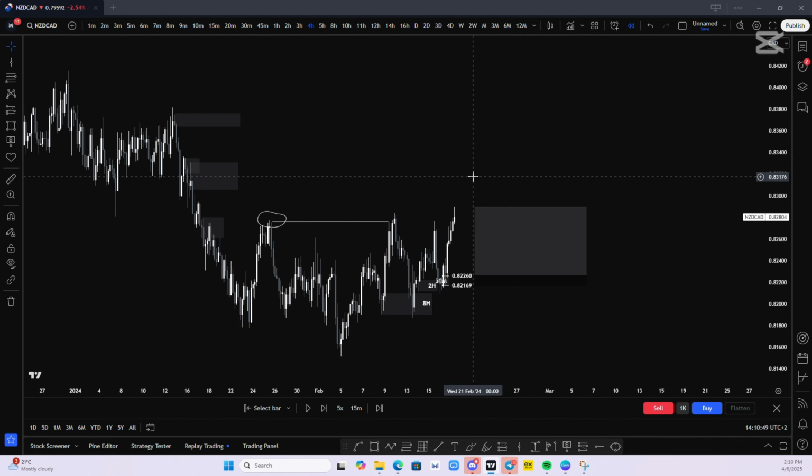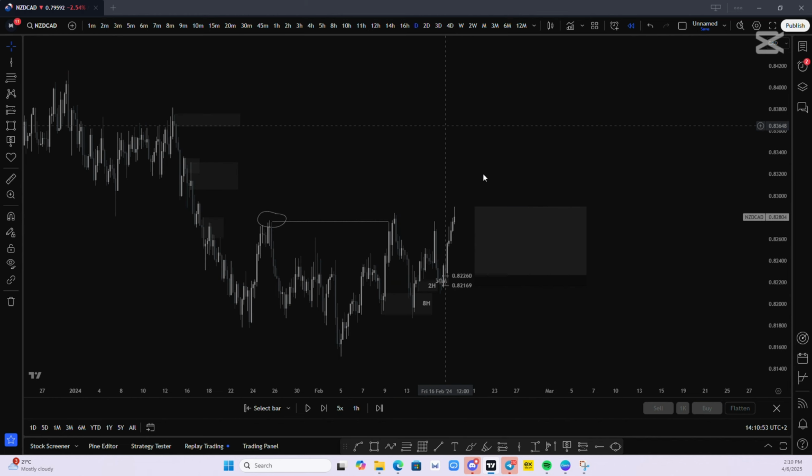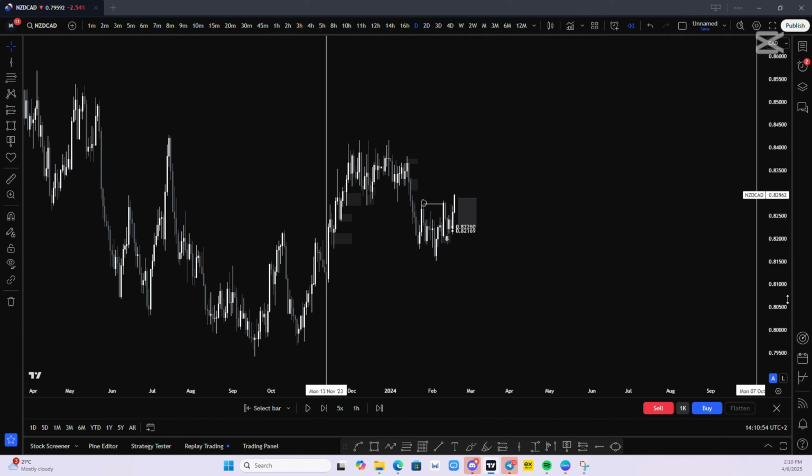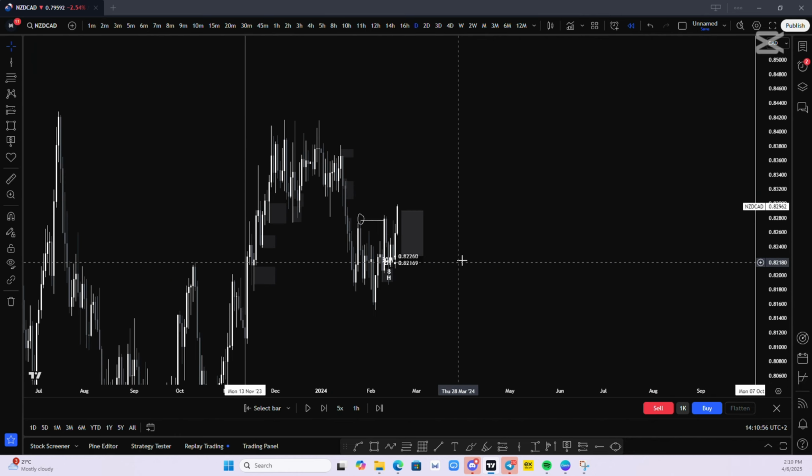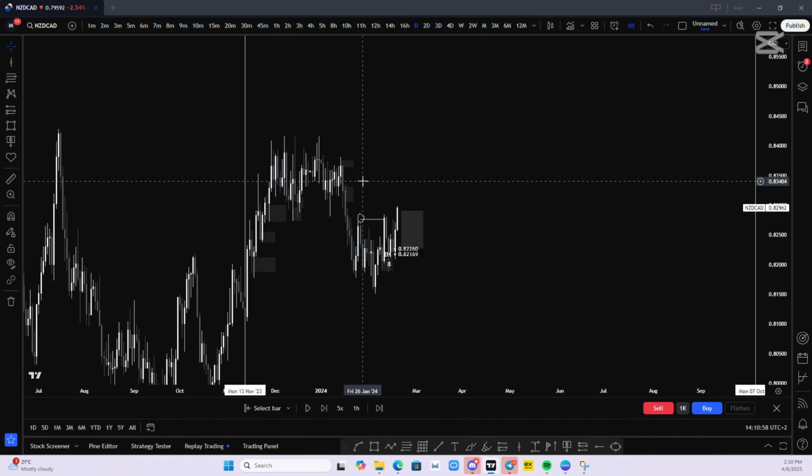Okay, but then if now we are looking at a higher time frame perspective, an external order flow perspective, we can see that now, since price violated this low here, price is probably going to come at this lower high here, respect it, and push to the downside.